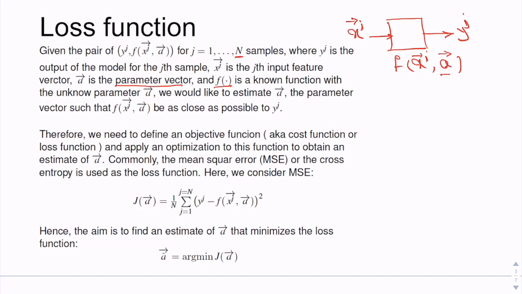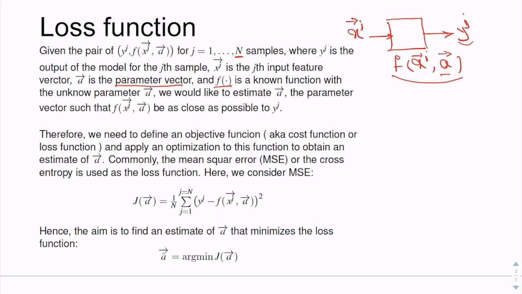So what we're looking for is to find the parameters of this function, or the parameter vector, such that f is as close as possible to y for all samples. Then we need to create an objective function or a cost function, and then we apply an optimization algorithm to this cost function.